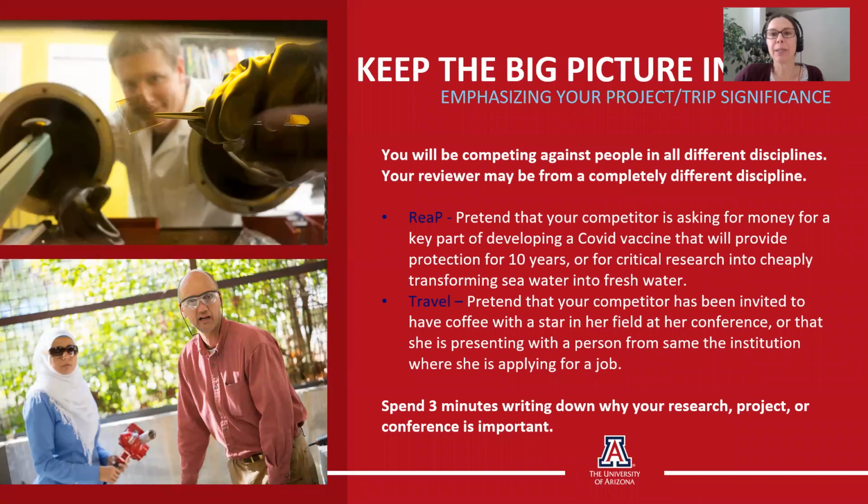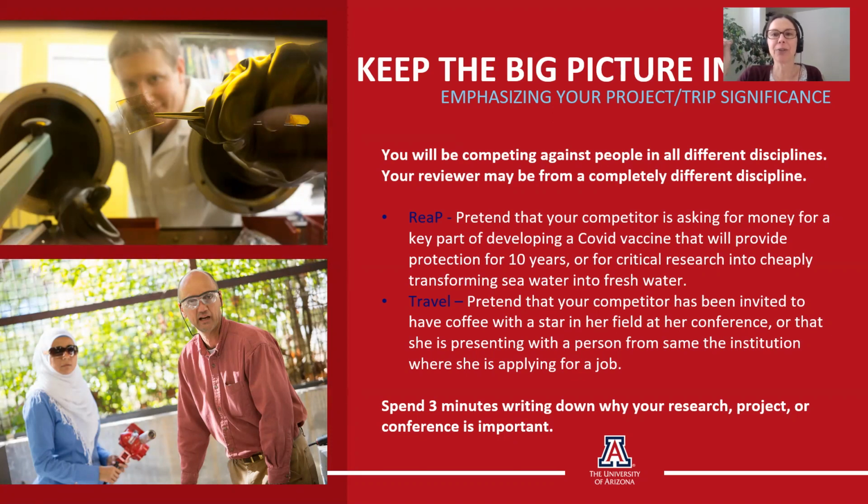So you'll be competing against people in all different disciplines, and we've talked about this. Your reviewer might be in a different discipline. So you want to keep in mind that the people who are reading your grant might have a whole different set of priorities than you have.